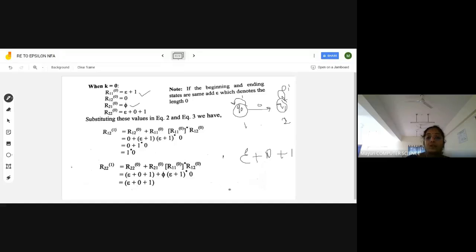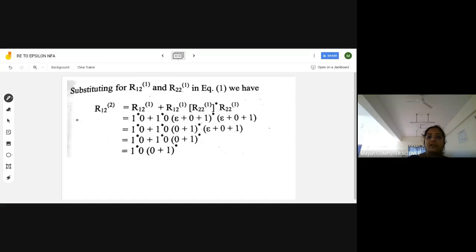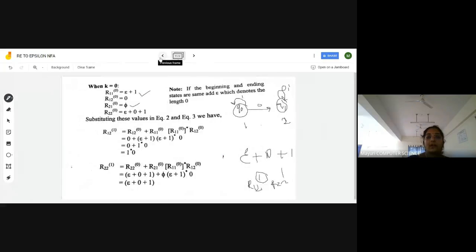Now, what are all the 2 terms I want? R_12^1 means basis, right? Basis is done. Induction is length 1, then length 2. Like that it has to go. Then R_22^1. Finally, we can apply that in the formula. We can apply that in the exact formula. Okay. So this is my R_12^1.